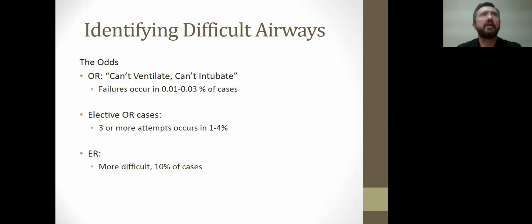In elective OR cases, 3 or more attempts occurs in 1 to 4%, and in the ER it's more difficult, 10% of those cases, which is a lot of times where we're going to live, in our interfacility area. Now imagine that in the field. Some of you paramedics sitting through this course can probably relate to difficult intubations in the field setting: basements, ditches, rotor wing landings, and so forth.